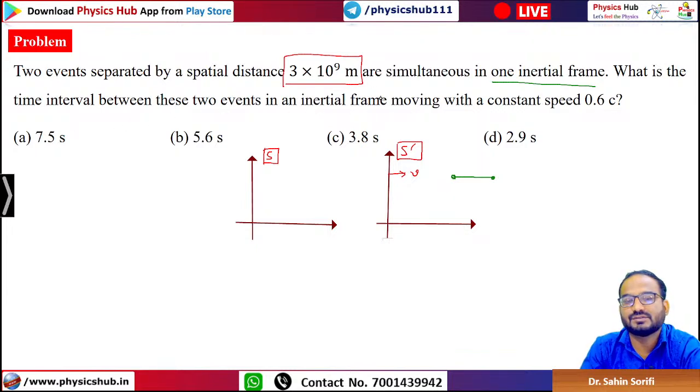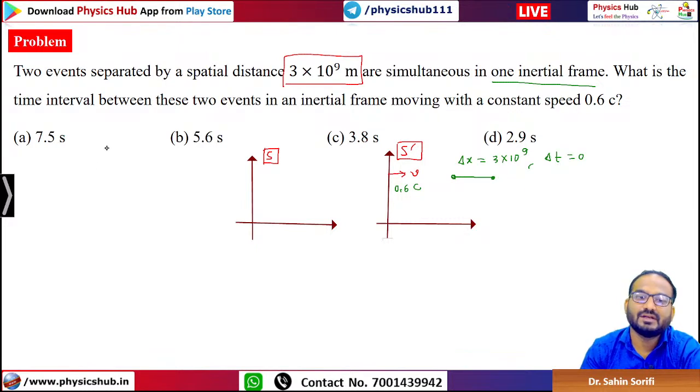So obviously 3 × 10⁹ is your delta x, and v is 0.6 c. Two events separated by spatial distance are simultaneous in one inertial frame. It is talking about the S frame. So simultaneous means delta t is 0.